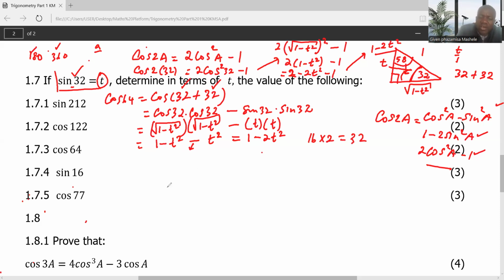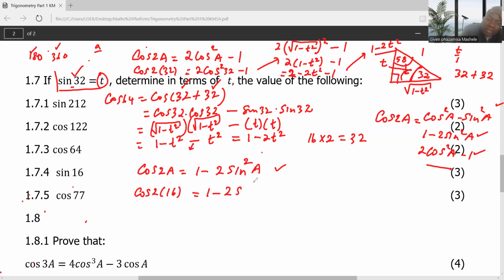So it means we're going to say, okay, cos 2a is 1 minus 2 sine squared a, according to the double angle. Wherever there is a, we substitute by 16. 2 multiplied by 16 is 32.